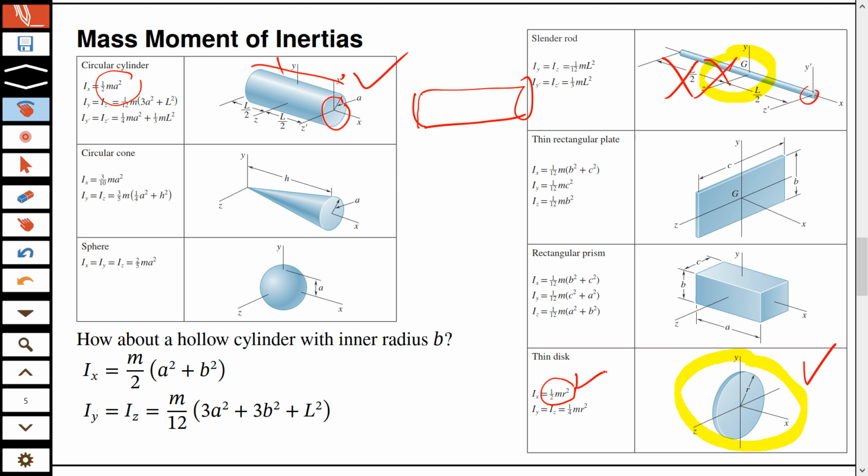Interestingly, this formula and that formula are not very different. Okay, very interesting.